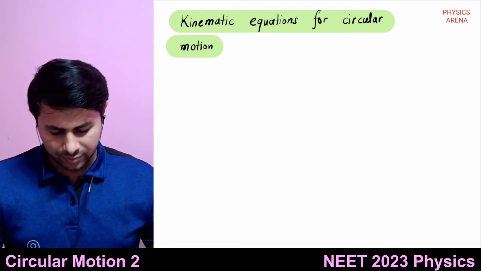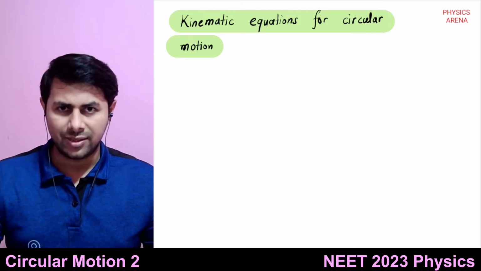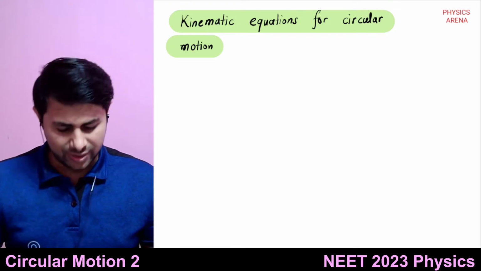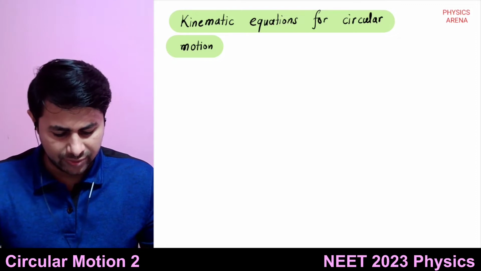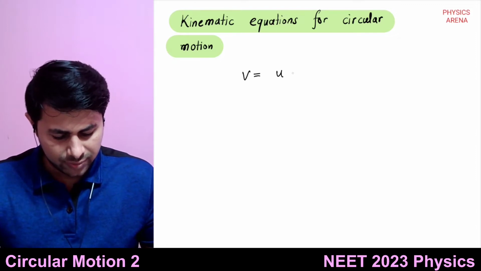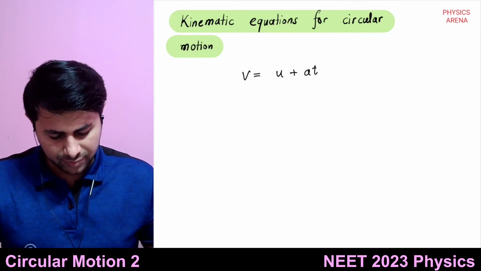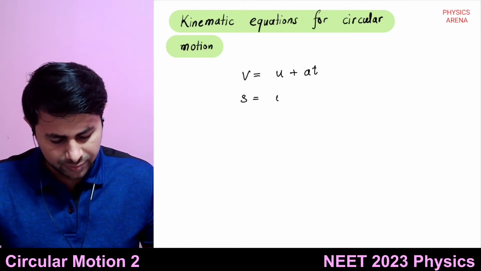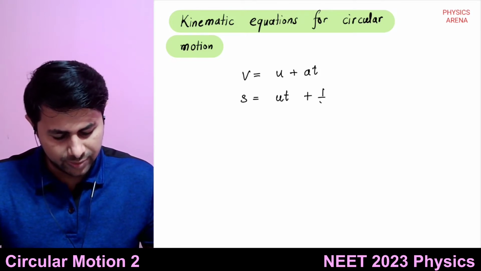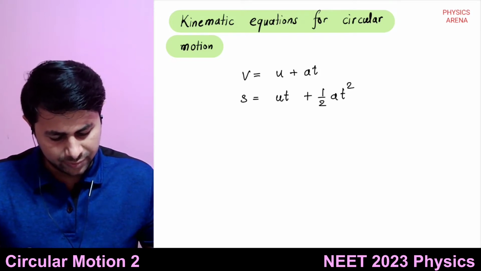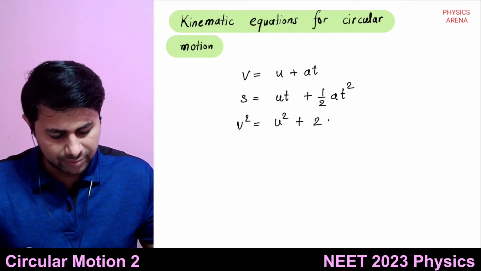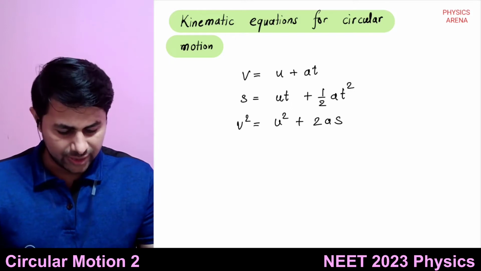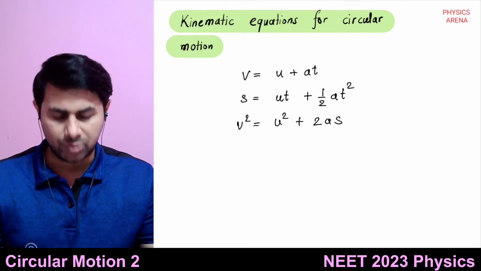Okay, so we can very easily derive that, but we won't derive it. So we have three kinematic equations: v equals u plus at, s is equal to ut plus half of at square, and v square equals u square plus 2 times a into s. These are our kinematic equations for linear motion.